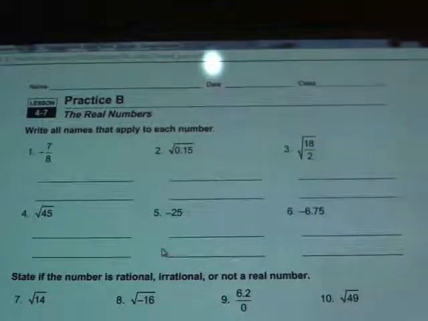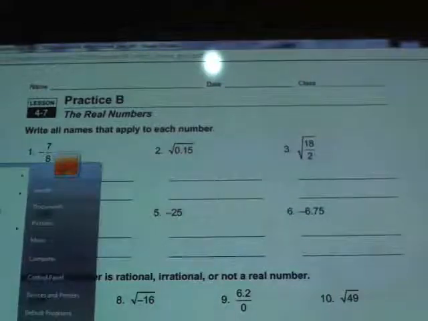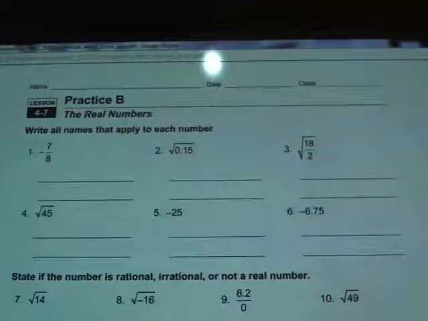Since this is written as a fraction, the answer here is simply going to be rational. And since rational fits the billing, it can't then be irrational as well. So that's all we'll write for number 1, is that it is rational.